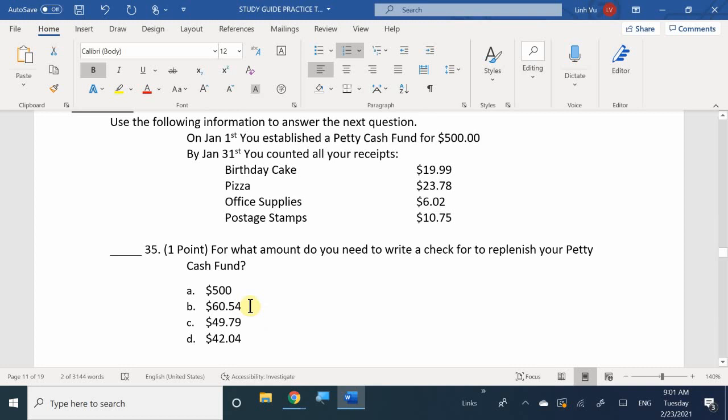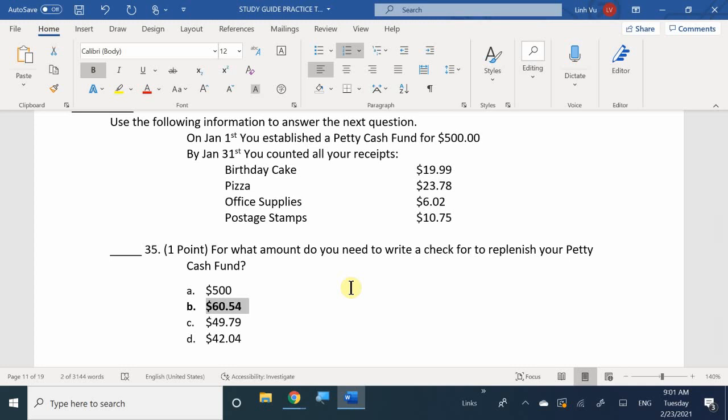60.54. Good. So in this case, if we understand this, you have a box full of money. If money's been taken out and you're left with some receipts and more money, how do you put back the money?